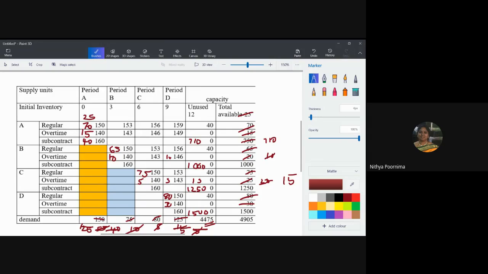Has everybody finished taking it down? Except Tarun is responding. Nobody else. What about Satish, Sanjay, Saksham Singh? Have you taken down the problem?